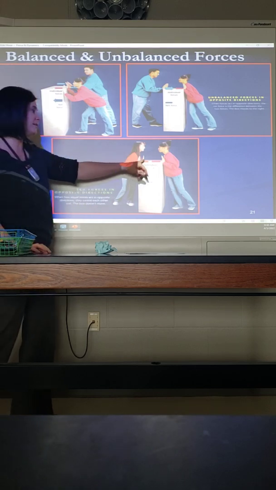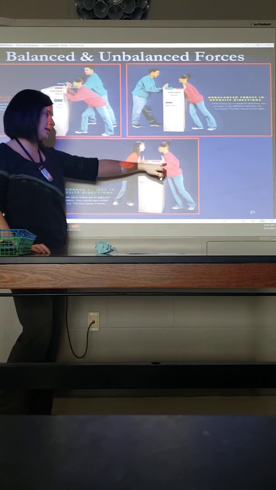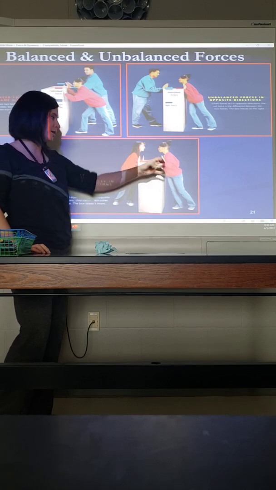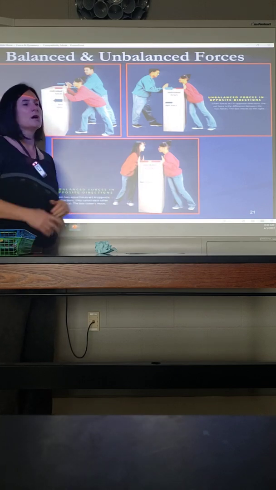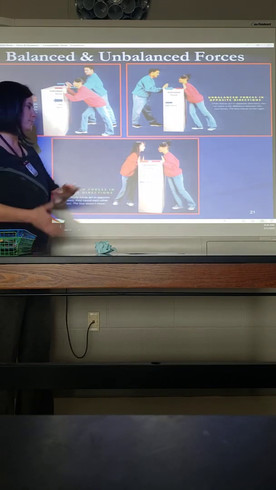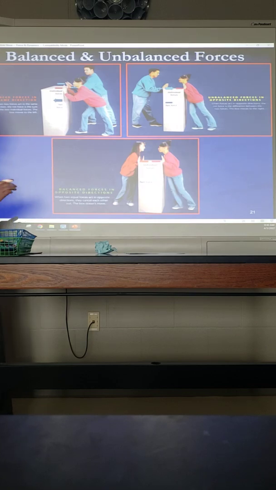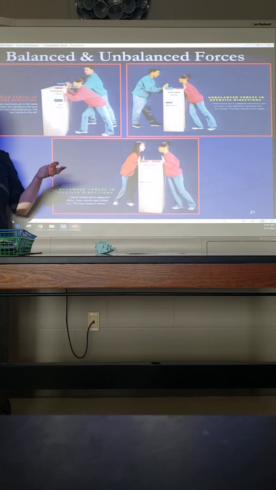Here we have balanced forces in opposite directions. The red sweatshirt is pushing against the girl with the purple sweatshirt with the same amount of force, causing no change. These are balanced because they're working in opposite directions, but they have equal strength. These are pretty common sense.